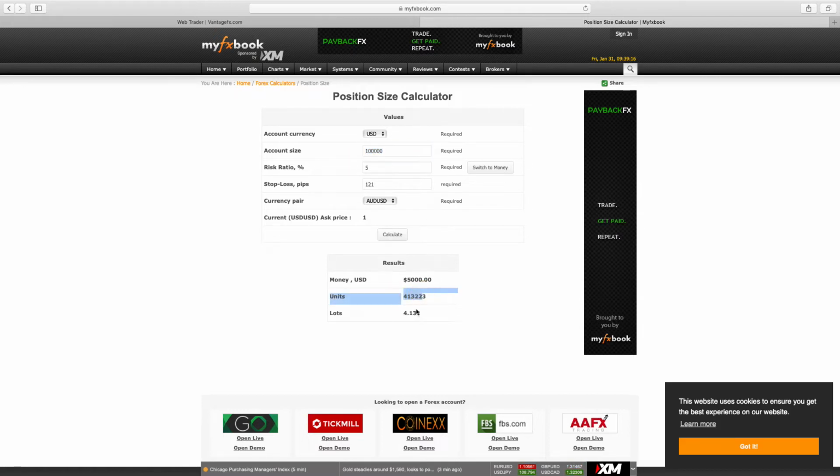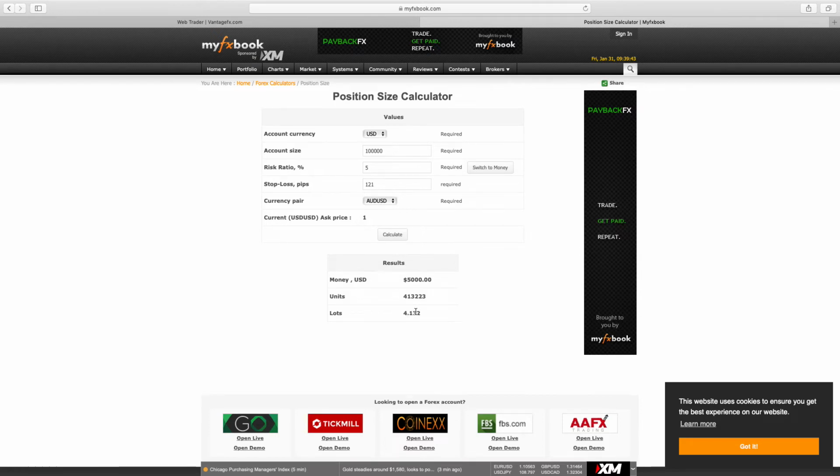Units, we don't care about this. And the lot, so we have a 4.132. We don't care about this last decimal, the first two decimals, right? So 4.13 lot is what you're going to risk. That represents 5% of this amount at this number of pips that are at risk as stop loss.